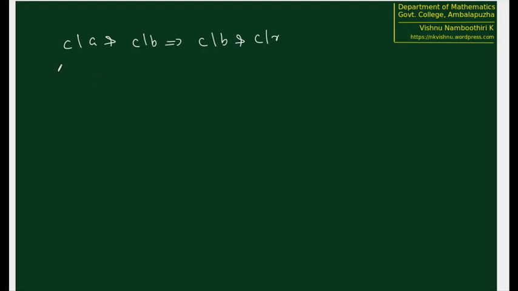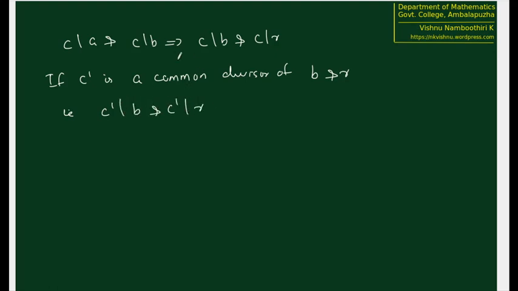Now, on the other hand, if c dash is a positive common divisor of b and r, that is, c dash divides b and c dash divides r, then c dash divides bq, and c dash divides r.